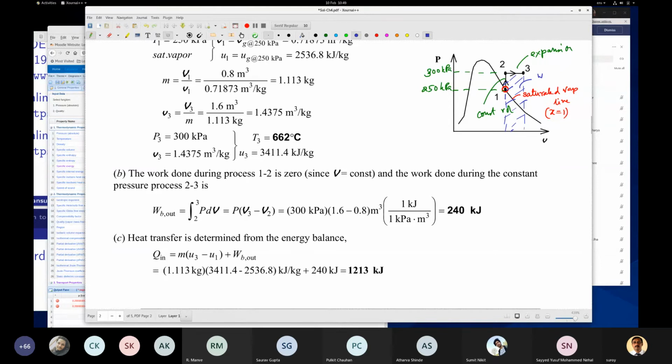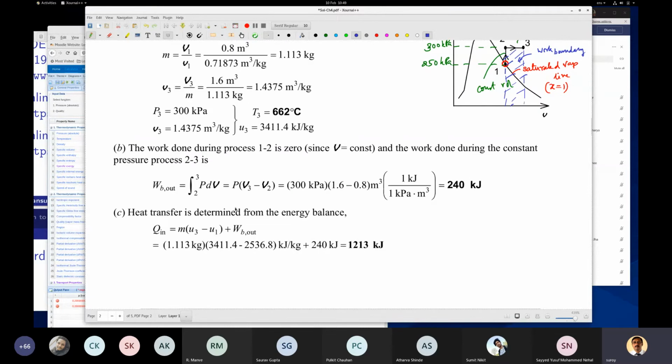Work done. This is the boundary work, right? So this is the area under that. That you can easily calculate if you know the volume of 3 and the volume of 2. So you can get the work done.